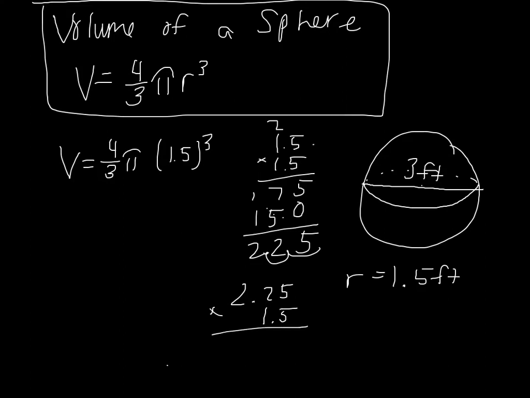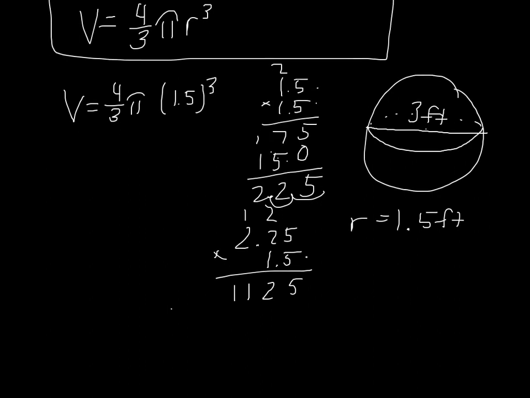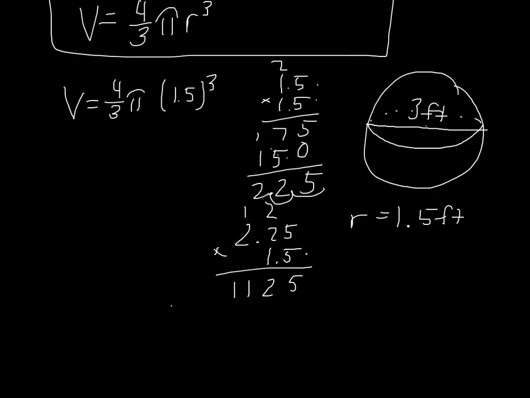I've got 1, 2, now I have my third. Okay, 5 times 5 is 25. 5 times 2 is 10, plus 2 more is 12. 5 times 2 is 10, plus 1 more is 11. Okay, now add my 0. 1 times 5 is 5. 1 times 2 is 2. 1 times 2 is 2.